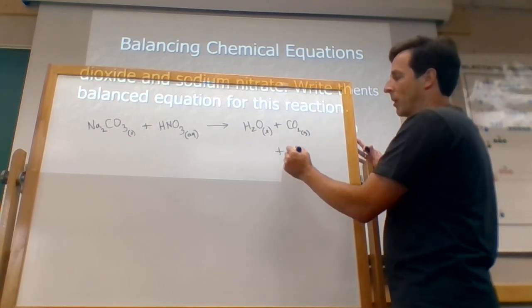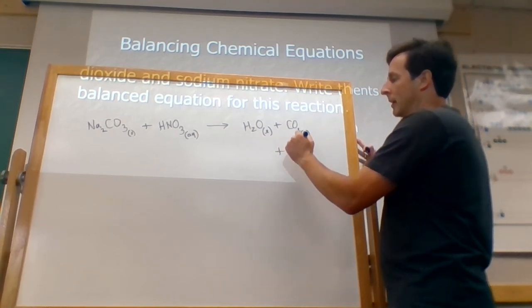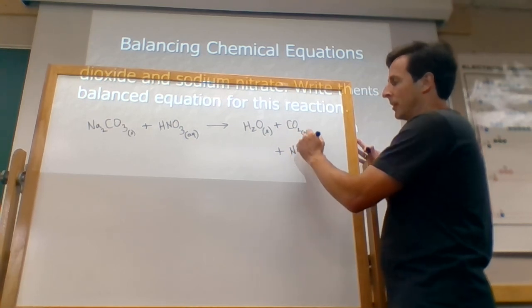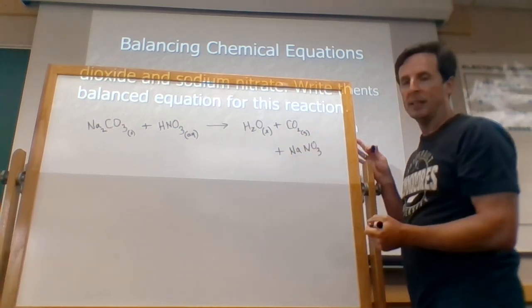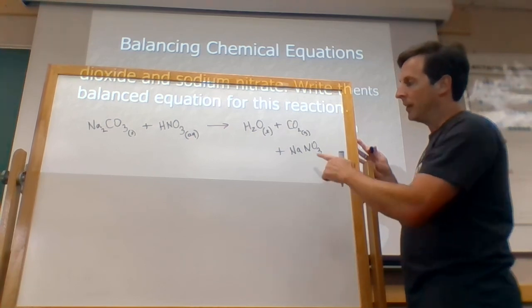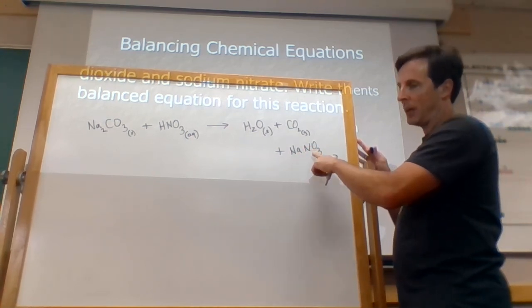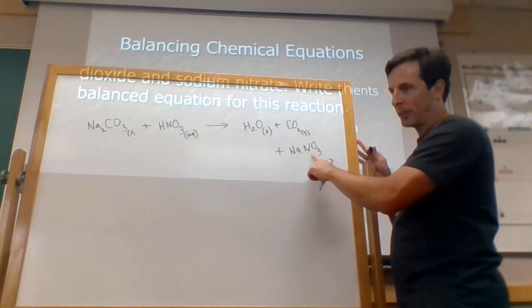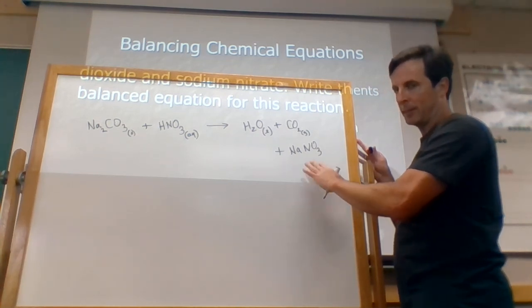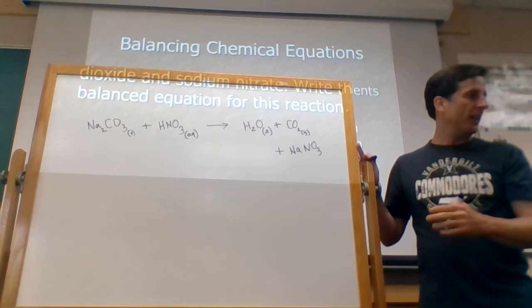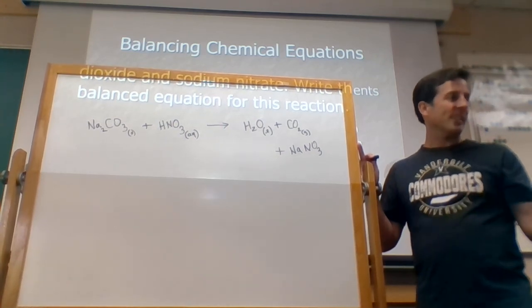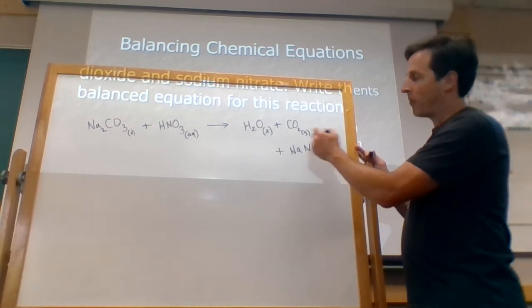It all should be on the same row. Na is sodium. NO3 is nitrate. And then sodium is +1. Nitrate is -1. So they go together 1 to 1. That's the correct formula.